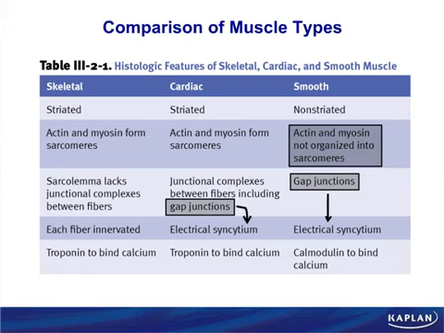It's not true for skeletal muscle. That requires a discharge in an alpha motor neuron, and each fiber is innervated. As we mentioned before, both cardiac and skeletal have troponin to bind calcium. A little bit different, smooth muscle has the calcium binding protein calmodulin to bind calcium.